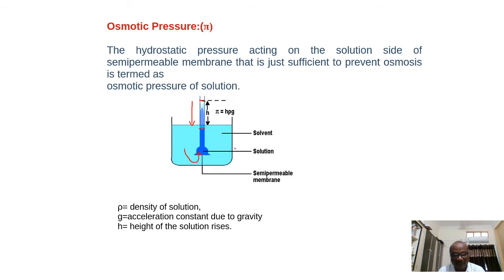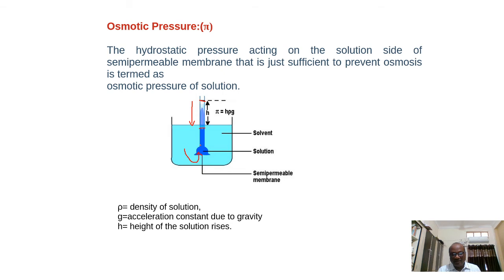So two types of processes we can see. The height of the column which increases due to osmosis acts in the downward direction, whereas the solvent molecules will tend to enter into the solution from the opposite direction. When these two forces become equal, the equilibrium is established.